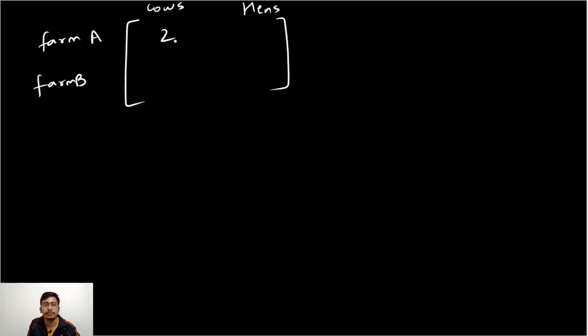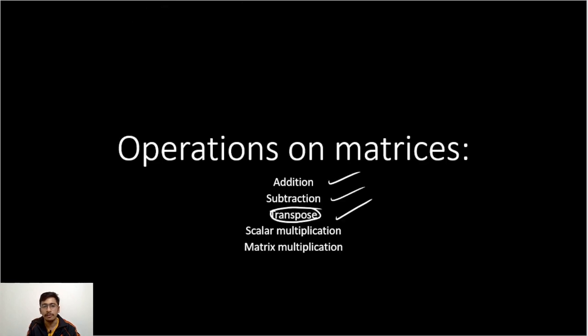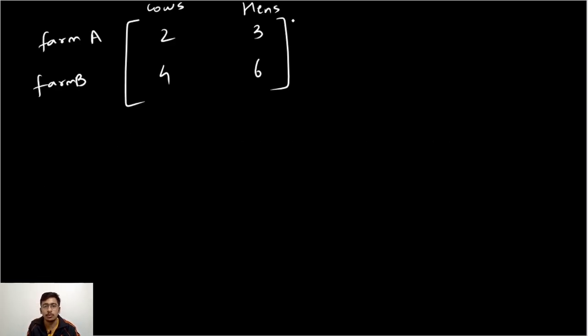Let's say I have 2 cows, I have 3 hens, I have 4 cows, I have 6 hens. I have to scalar multiply it. So if I say the next year I have doubled all animals, right?